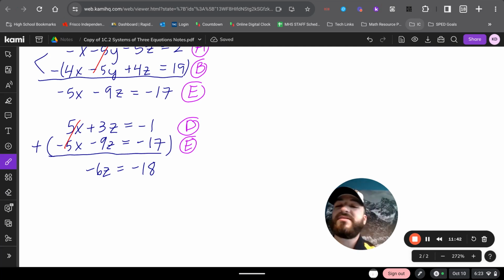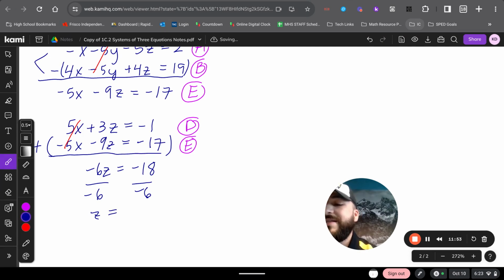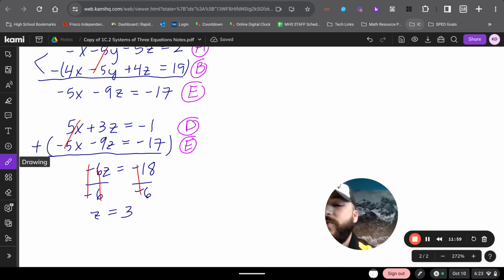So now I can just solve for z, dividing both sides by negative 6. We get that z is equal to 18 over 6, and negatives are going to cancel out. So we get that z is equal to 3.